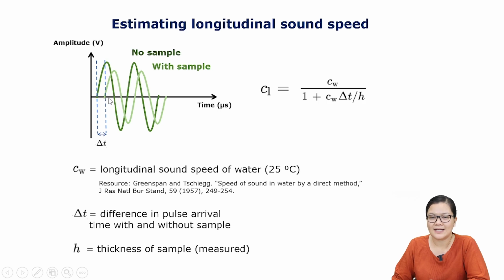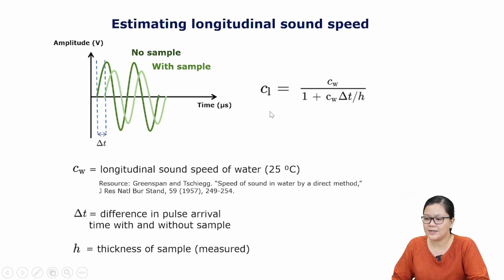If you plot it against the other signal received in the experiment with the sample, it will look like this. You will find that it is slightly time shifted by a duration of delta t right here. You also notice that the signal amplitude decreases slightly due to acoustic attenuation through the tissue, which we'll describe more in a subsequent lecture.